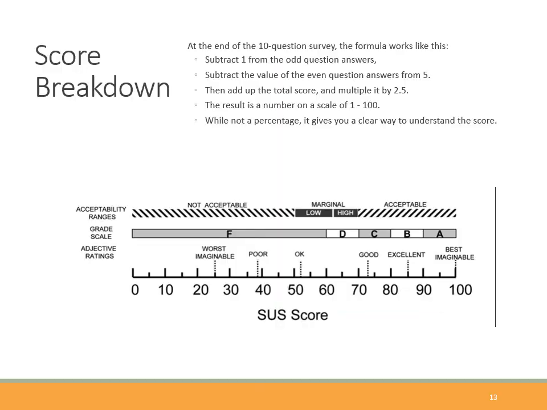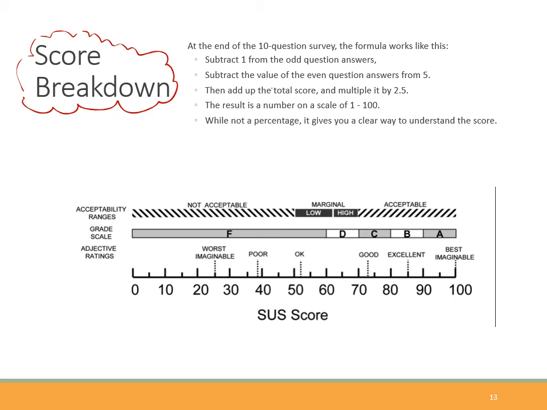And after we have collected the surveys and questionnaires, of course we need to collect the data and the results. The score breakdown sheet here will show us how we can interpret the meaning of the SUS score.